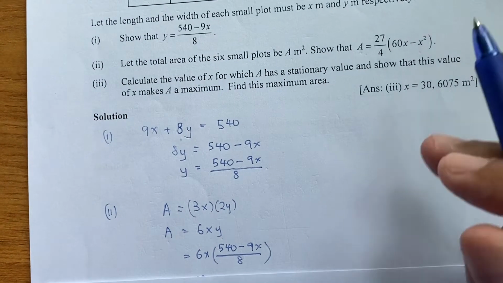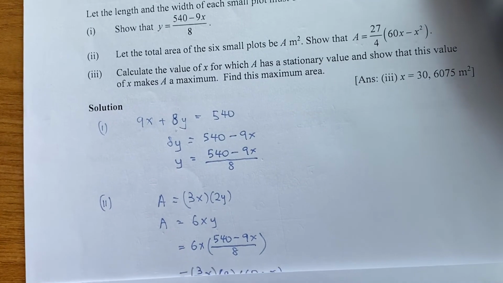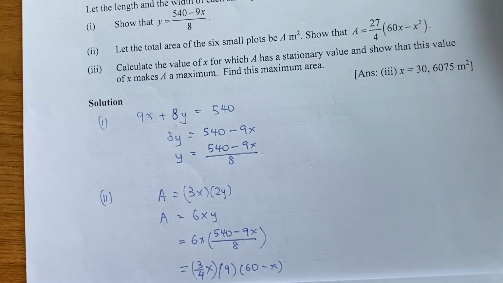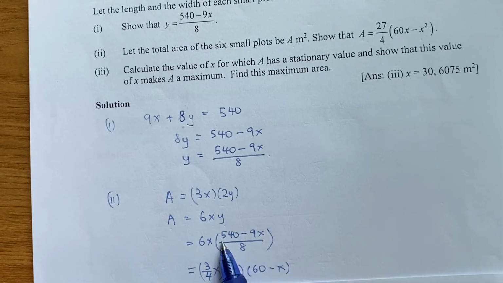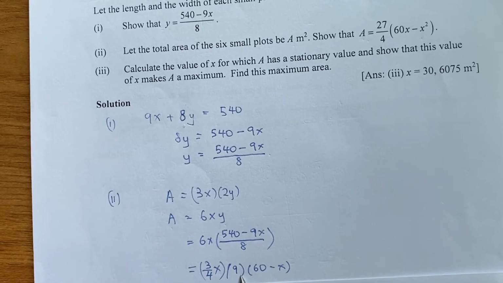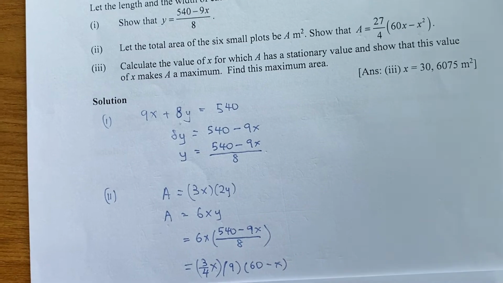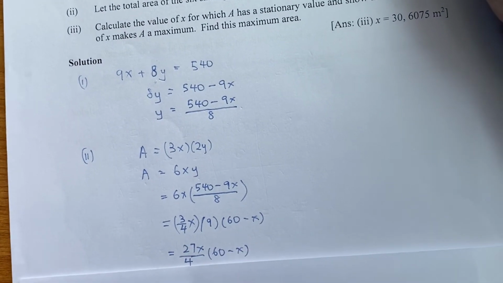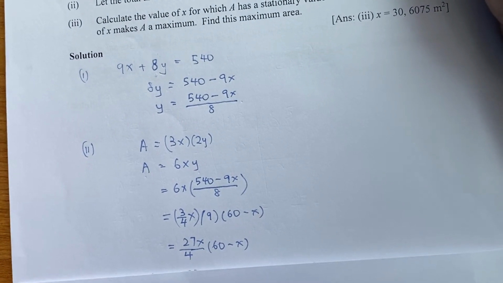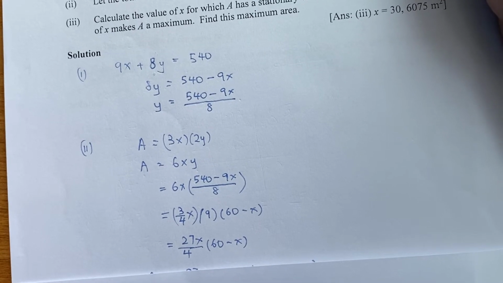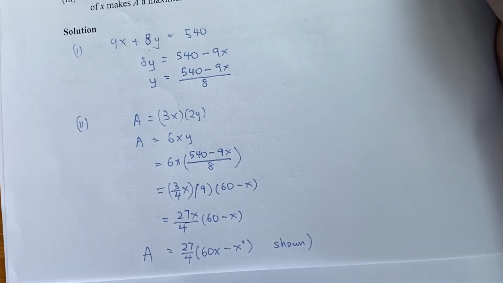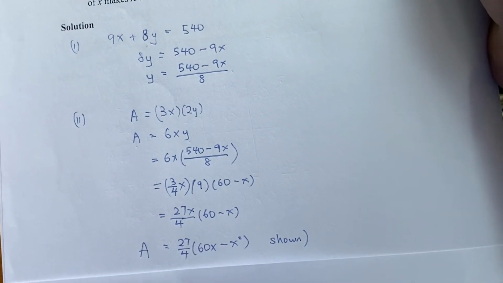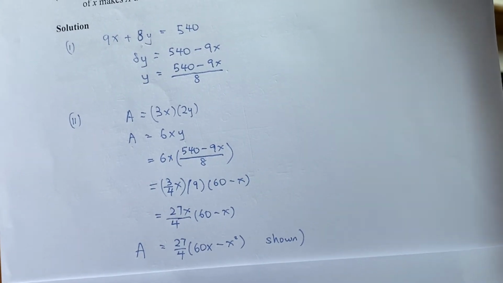Now 6 and 8 we can take out and simplify to get 3/4. 540 and 9 have a common factor of 9, so we're going to get 60 minus x. I multiply 9 and 3, and we multiply x into the bracket, and we got this. Now we have done part 2.